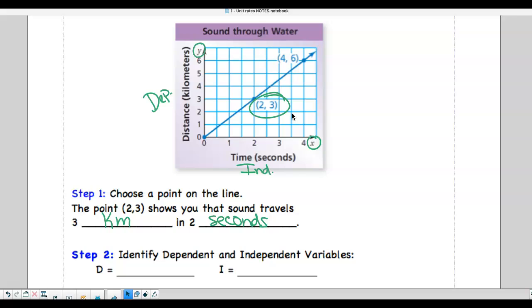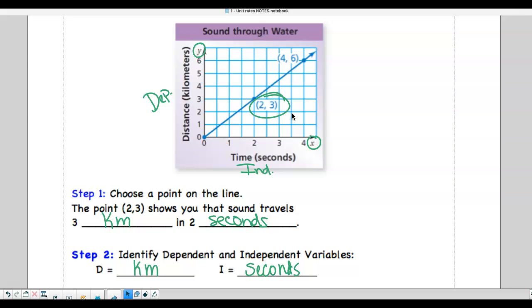Any ideas why I read it backwards? When we read a point and we're talking about independent and dependent, the dependent always comes first. Okay, so 3 kilometers in 2 seconds. Because the dependent variable is our kilometers, and the independent variable is our seconds.